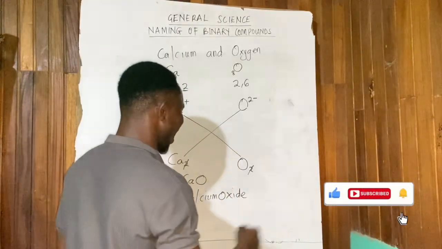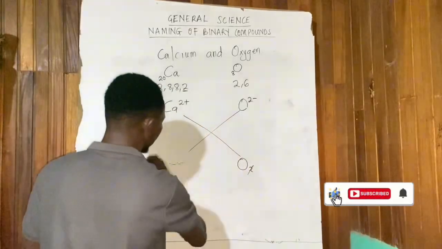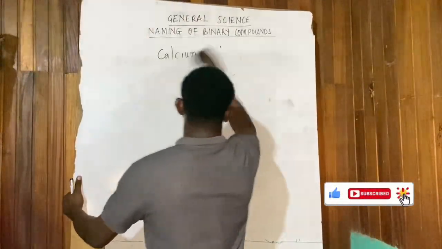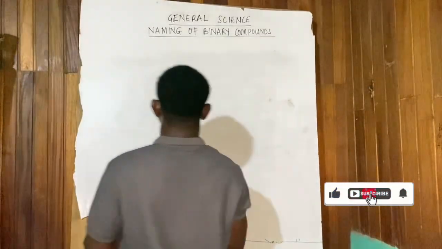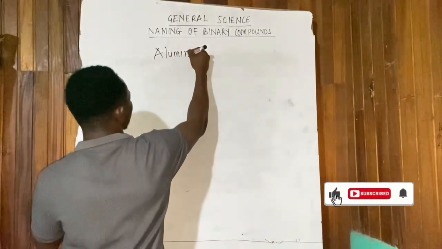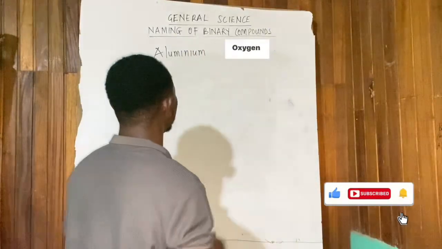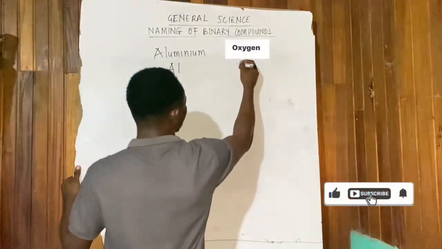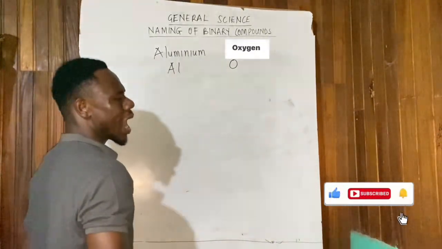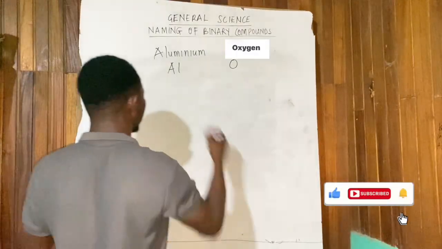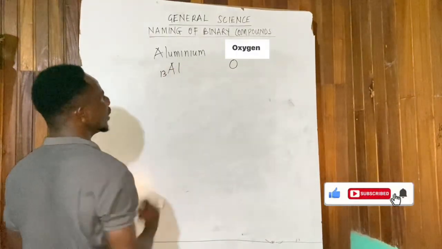Let's take the last example. Aluminium. Aluminium, symbol Al. Oxygen, O. Aluminium on the periodic table is having an atomic number 13.